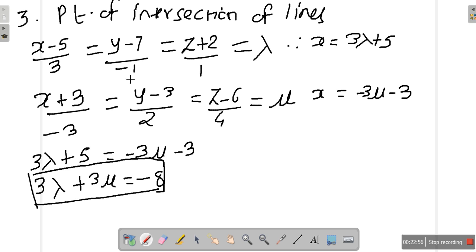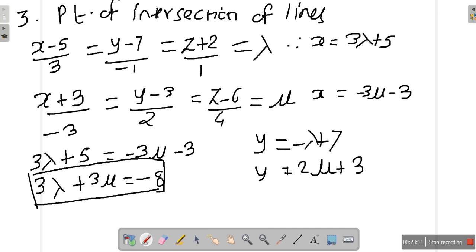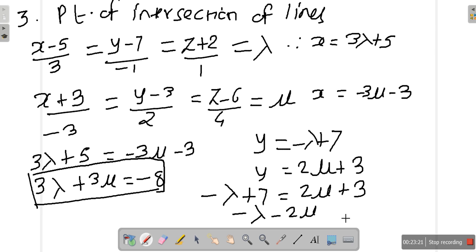Now let us compute the y coordinate. What is the y coordinate of the first line? Minus lambda plus 7. And what is the y coordinate of the second line? 2 mu plus 3. Again equate this, and you will get the equation minus lambda minus 2 mu equal to minus 4.